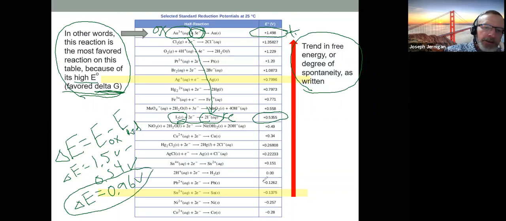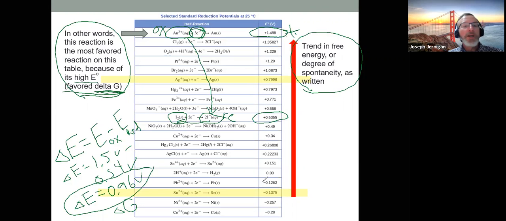That, my friends, is equal to our delta G. It's delta G in terms of voltage. Now, we have seen delta G in the past in our thermodynamics section, and delta G is typically associated with kilojoules per mole or kilocalories per mole. Here we have delta G in terms of a voltage.